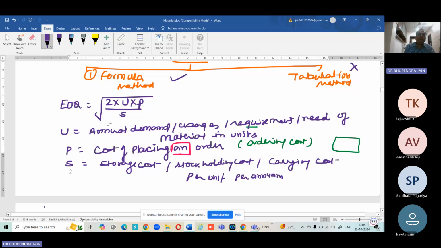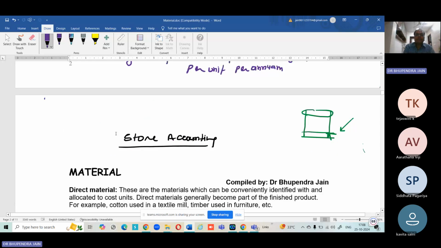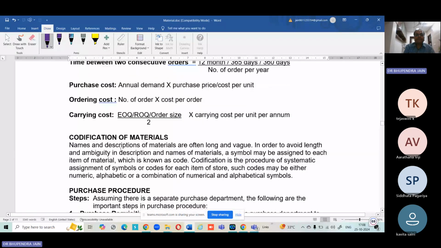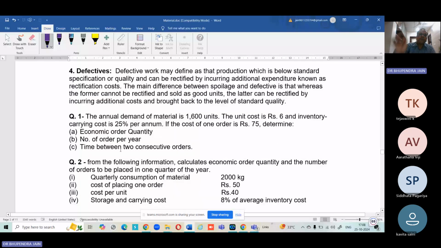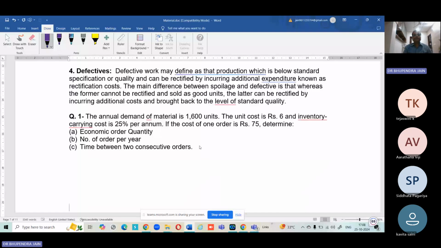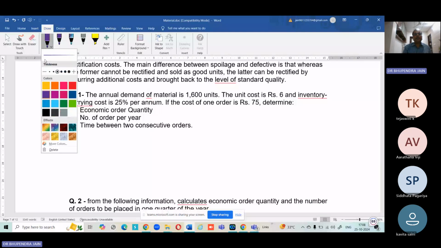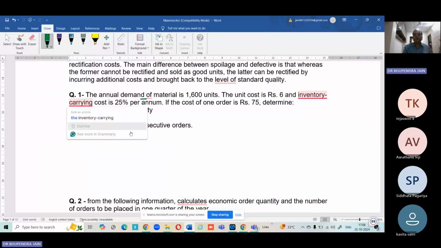Now how to calculate? Suppose this is the question. Question number first: the annual demand of material is 1600 units. What is U?